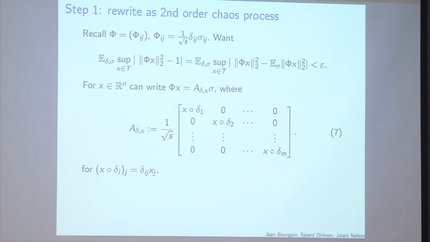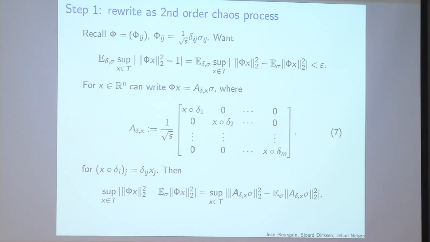And then the matrix A_{delta,x} depends on delta and x, and it's simply the block diagonal matrix, where on each block I have a vector, which is the original vector x, where I've taken a pointwise product with the selectors of the ith row, of the ith column. These are put on the diagonal. This is a simple computation to verify. And then you can write this restricted isometry constant as the supremum of a so-called second order chaos process.